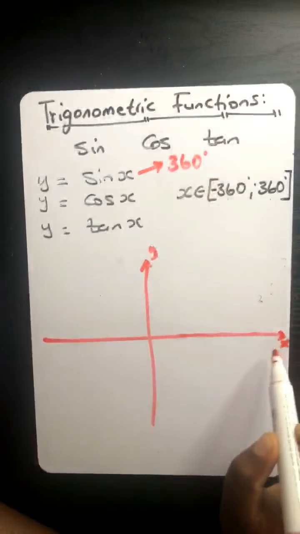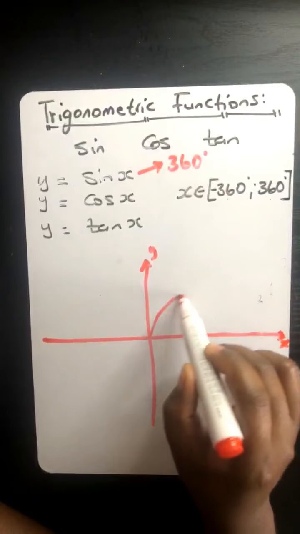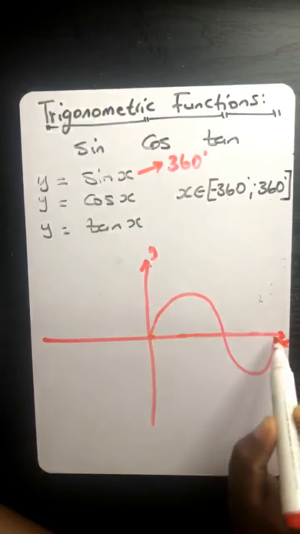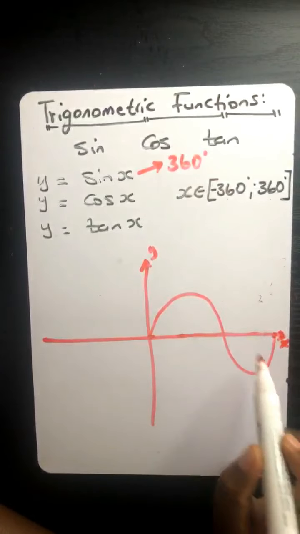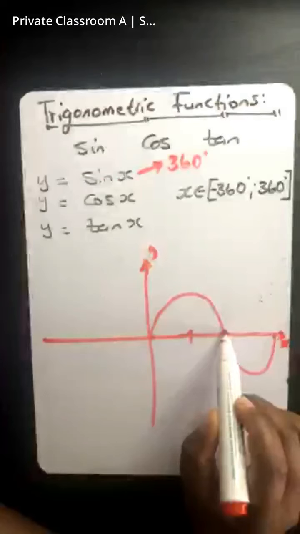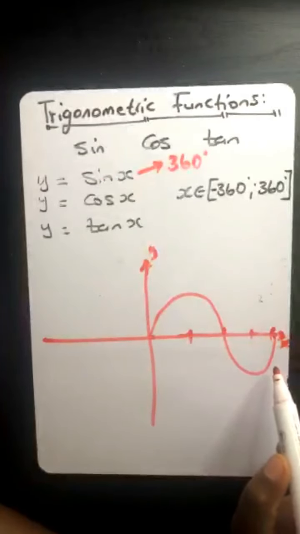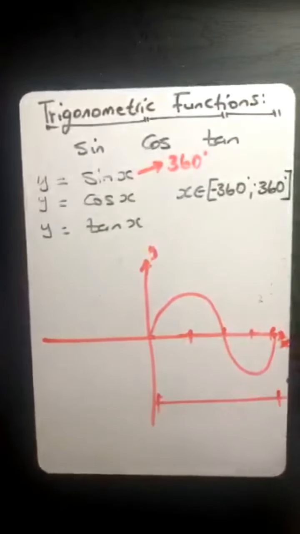When we sketch the function of sine, it goes like that. This is how it looks when it's complete, and it needs 90, 180, 270, 360 for it to complete. I'm not sure if you understand what I'm explaining regarding the period, Chumi.